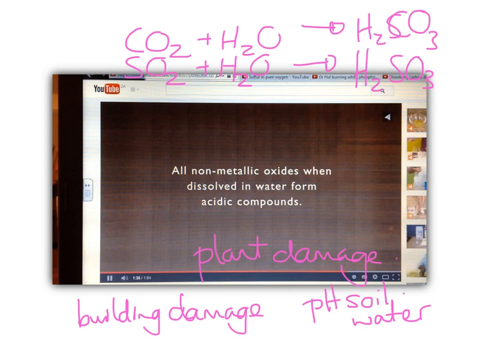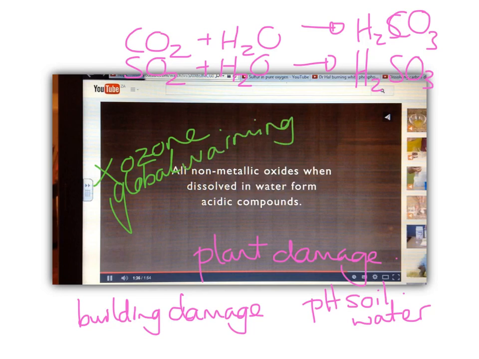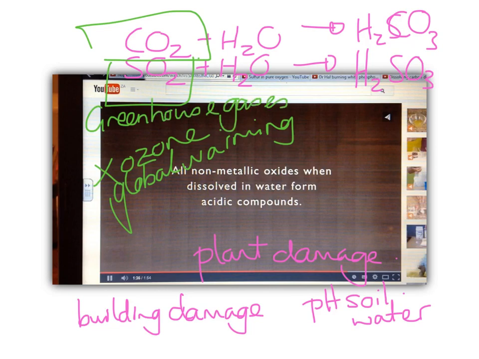It's important to realize that acid rain has got absolutely nothing to do with the ozone. It's got absolutely nothing to do with global warming, or not quite nothing, but very little. It's a separate situation to global warming. It turns out that carbon dioxide and sulfur dioxide are also both greenhouse gases, and therefore they also contribute to global warming.